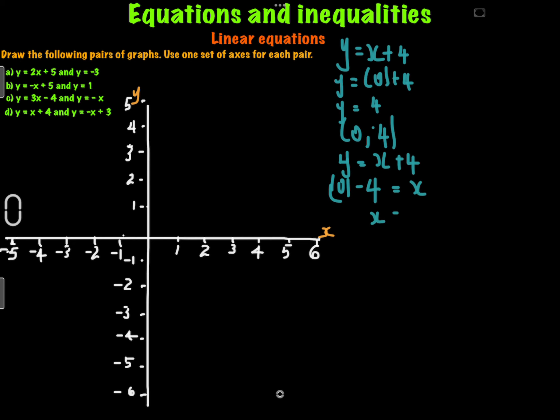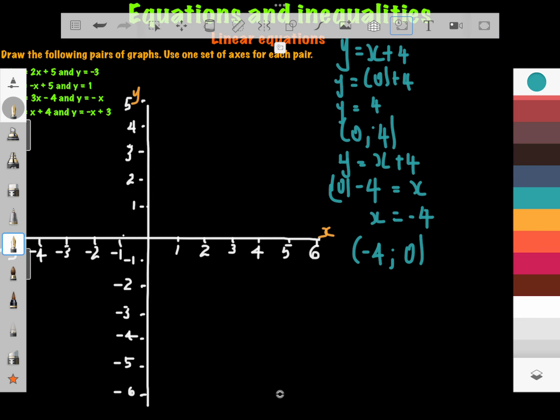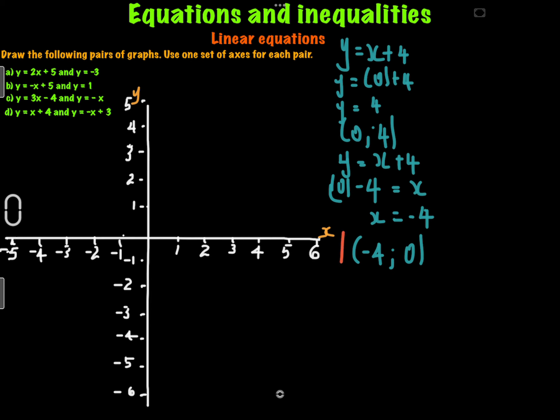So x is equals to negative 4. So in this case, when y is made 0, x is just simply negative 4. So again, we take these sets of coordinates.